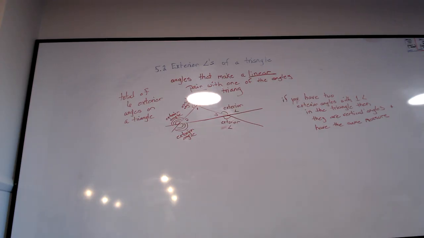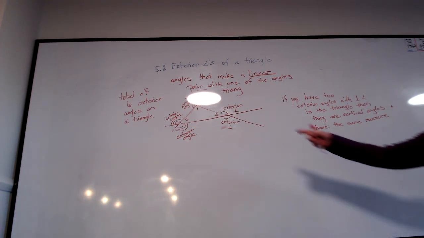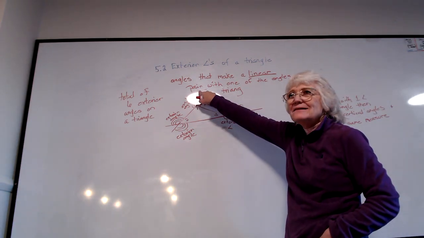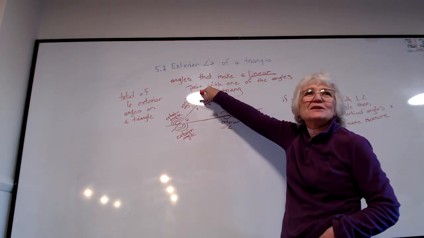No, I already gave the definition. So what about the interior and exterior angles? What would they equal? 360? No, not just one pair. One set of the interior angle and exterior angle, what would it be? 180. They make linear pairs, right? We define them to make linear pairs.